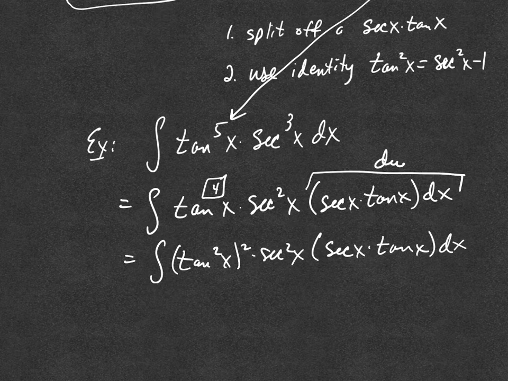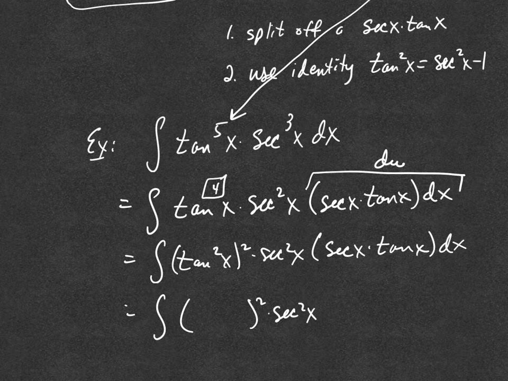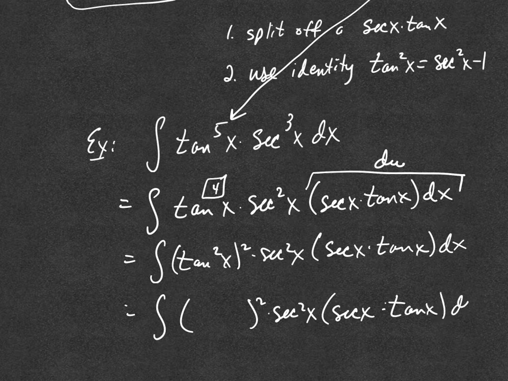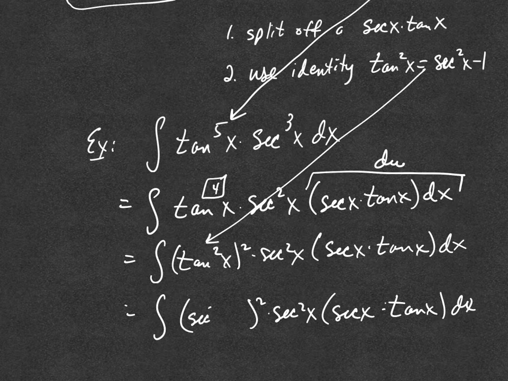Let me just scooch up the page just a little bit so you can still see it. Now I'm going to replace the tangent squared with what it's equal to. So I'm going to replace that tangent squared with secant squared minus 1.